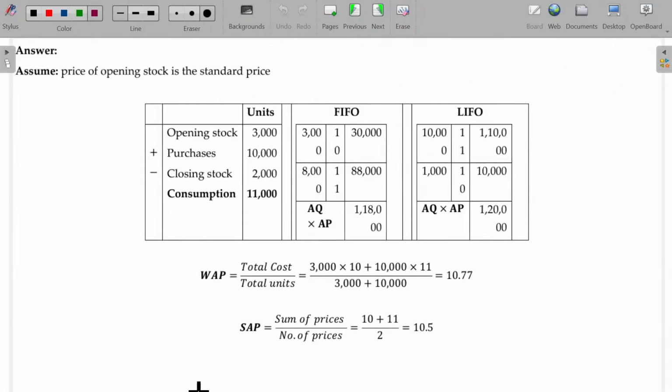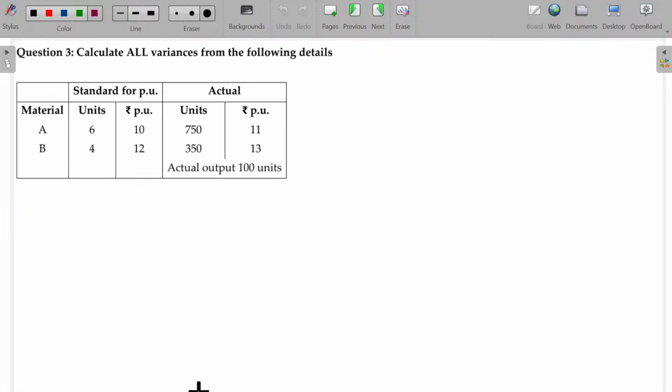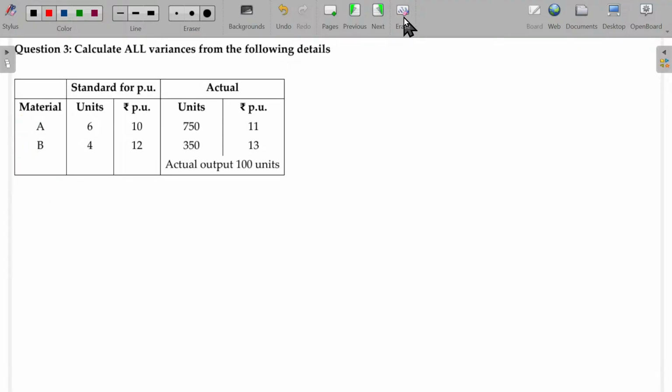Now, we'll be dealing with question number 3, where I'm going to introduce the mix variances. Whenever we have two or more materials for producing one of the outputs, automatically price variance and mix variance will come here.